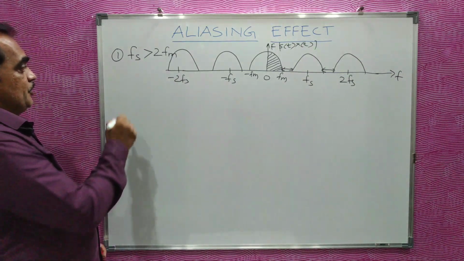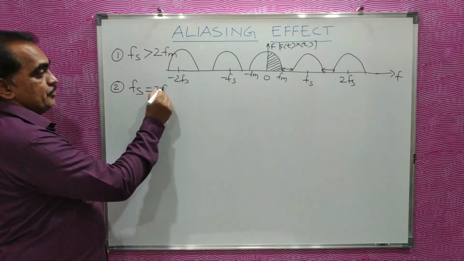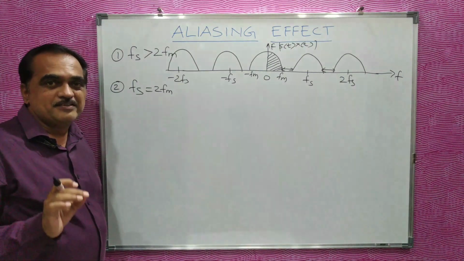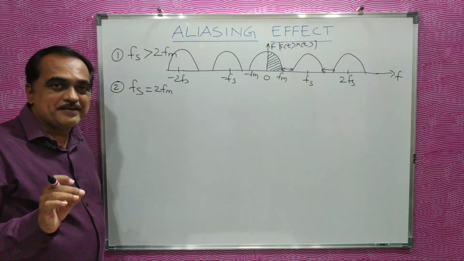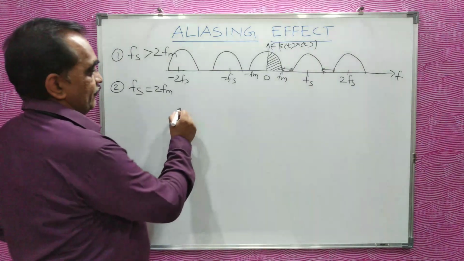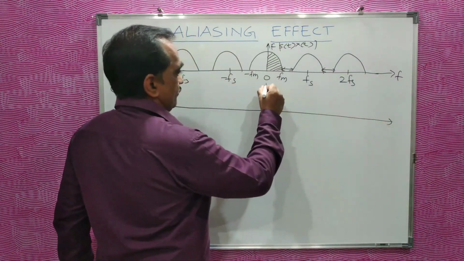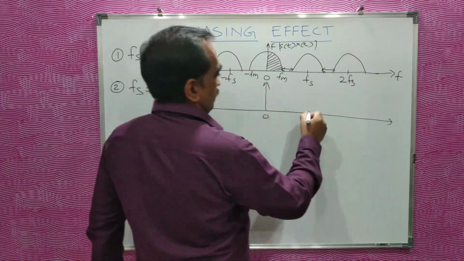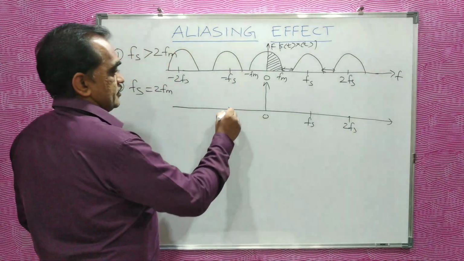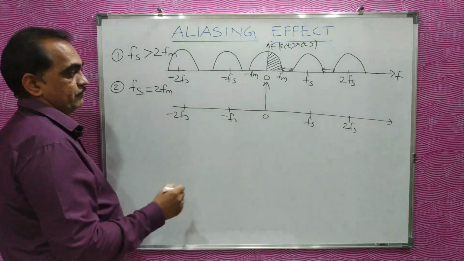Now the second case: the sampling frequency is equal to 2Fm. It exactly satisfies the Nyquist criteria. It is an ideal condition, which cannot be practically possible because you cannot build practical filters for this. Here the spectrum will look like this. This is 0, this is the first centered frequency, the second centered frequency, and on the negative side the first and second centered frequencies.